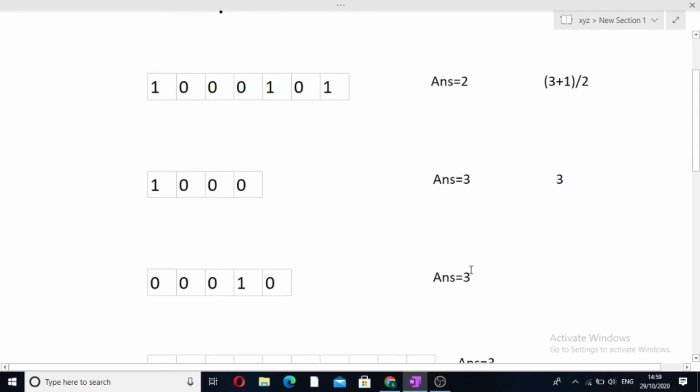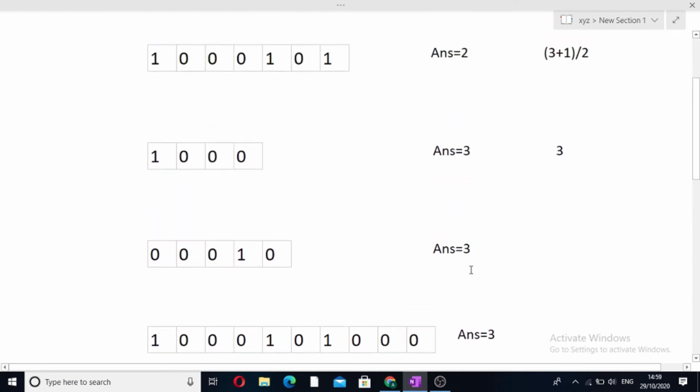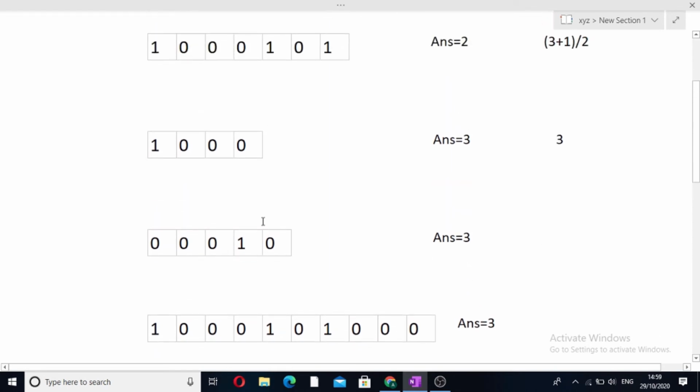Now there comes a case when our maximum continuous zeros in between two persons as well as at either end of the row are the same.